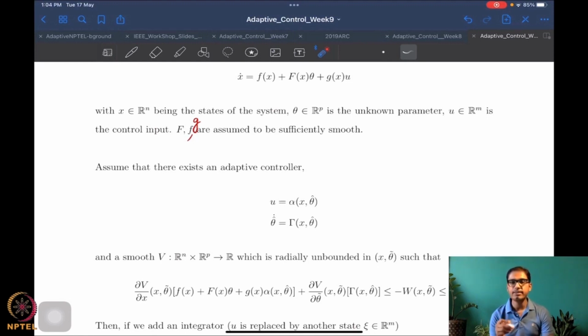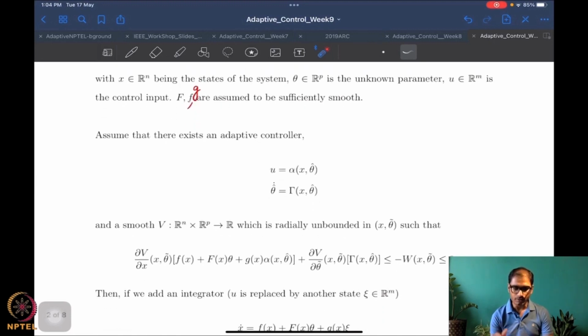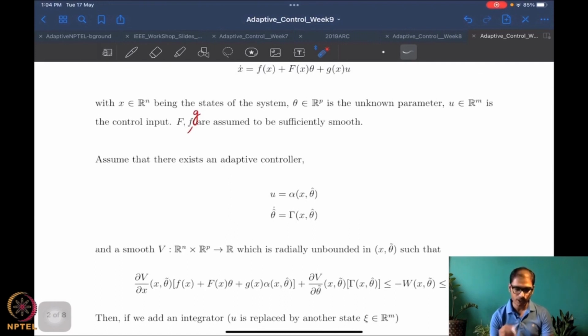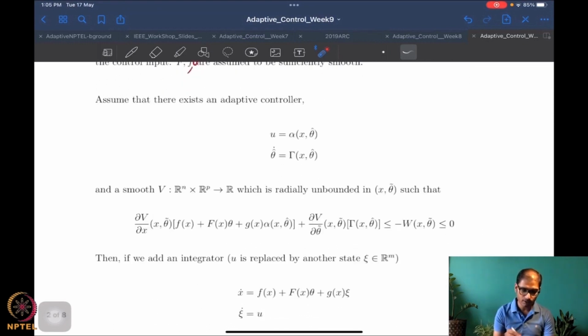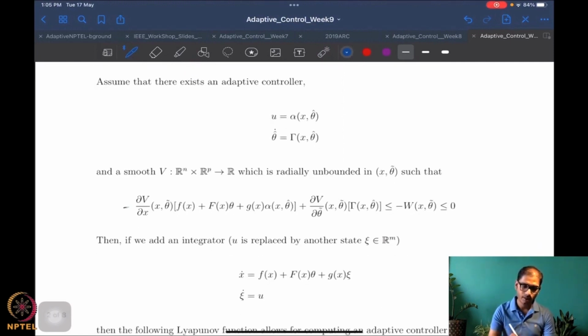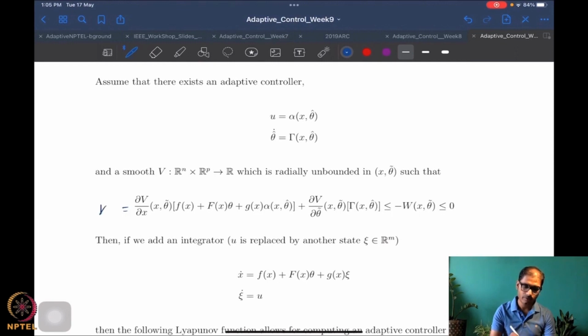So suppose that there exists such an adaptive controller for this system, and a smooth V function, which is essentially a Lyapunov function, which takes the state and the parameter error. It's radially unbounded in x and theta tilde, such that if I take V dot, this quantity is just V dot.